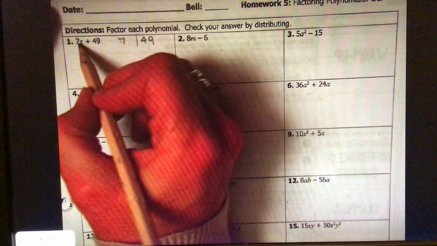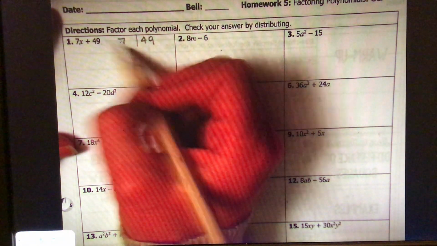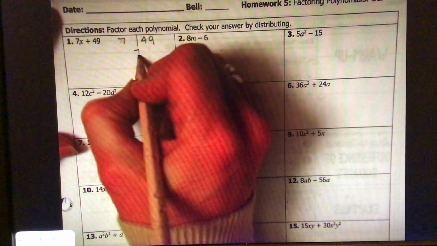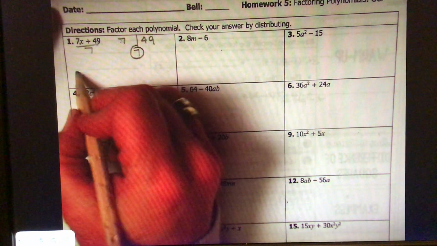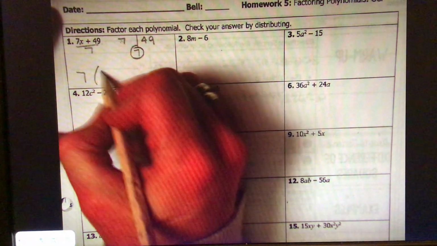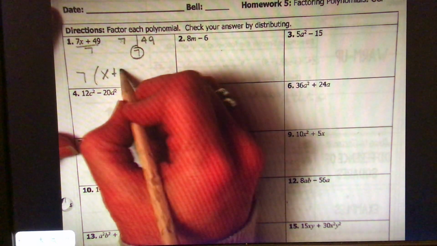If one coefficient goes into another, then that's going to be the greatest common factor. And x is not in both terms. So I already know that 7 is my greatest common factor. Put it all over 7. Put 7 outside, get your parentheses. 7x divided by 7 is x. 49 divided by 7 is 7. Boom.